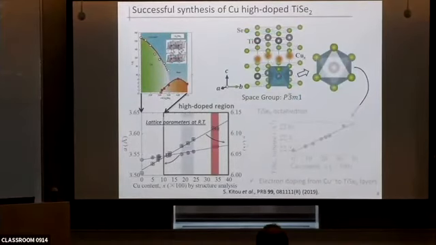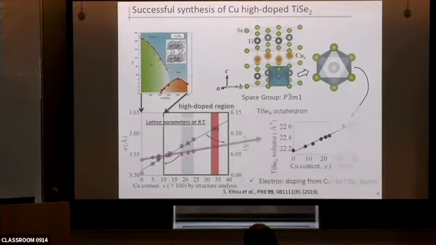We succeeded in synthesizing potassium highly doped crystals. The evidence of potassium intercalation is shown by the dependence of the lattice constant at room temperature. As you can see, the c-axis parameter remarkably increased with increasing potassium content. This change corresponds to the increase of the interlayer distance due to the intercalation.